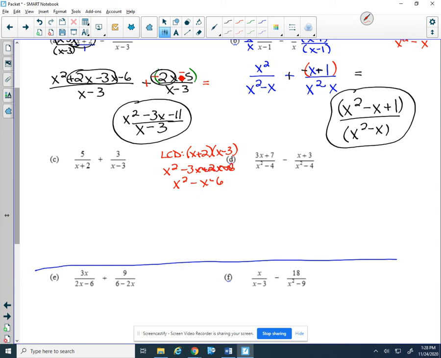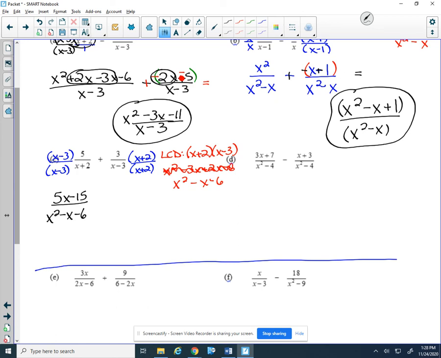My LCD in factored form is up top, and then my LCD simplified is below. My first fraction is missing the x minus 3, and my second fraction is missing the x plus 2. So we end up with 5x minus 15 over x squared minus x minus 6.